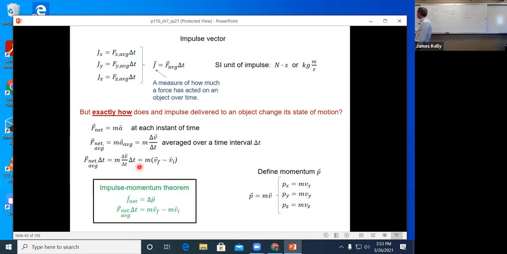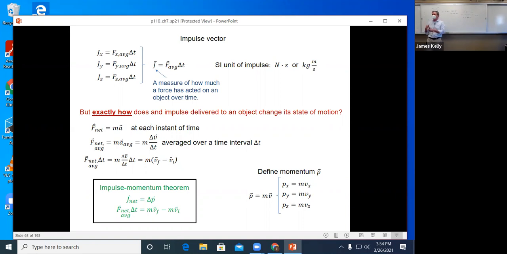This theorem that we're going to call the impulse momentum theorem says the net impulse delivered to an object, net meaning by all the forces that are acting on it, is equal to the change in momentum. So this is between some 2 times, right? We have an initial time and a final time. All these forces are exerted over a period of time.